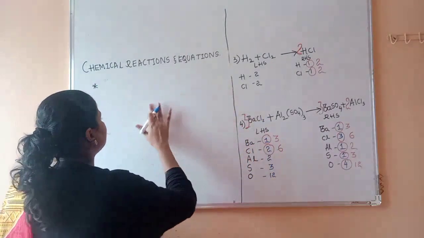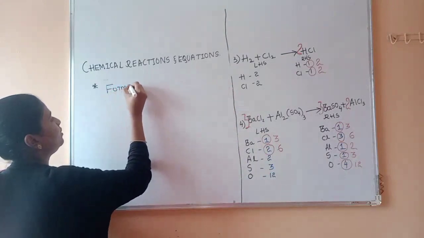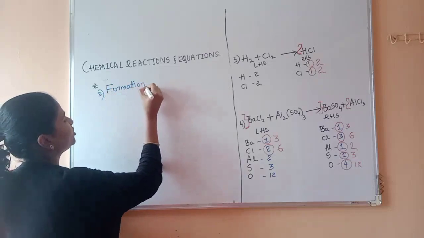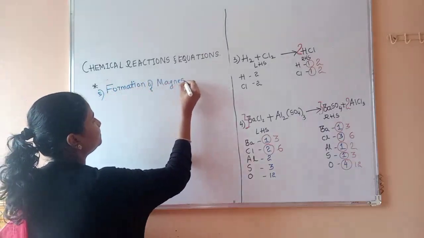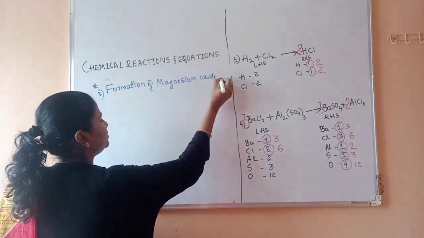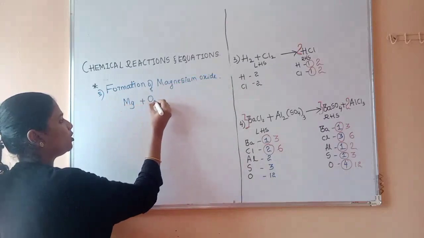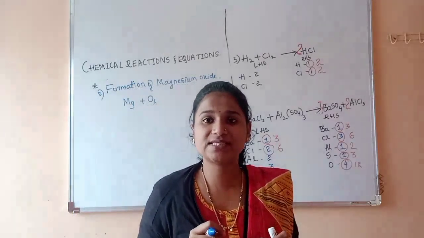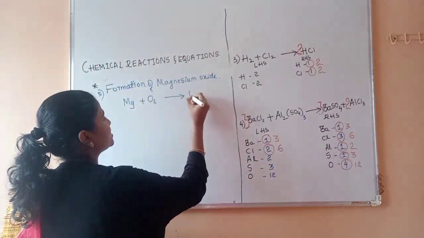The other example is the fifth one, formation of magnesium oxide. So magnesium, when reacts or when magnesium ribbon is ignited in presence of oxygen, we get magnesium oxide.